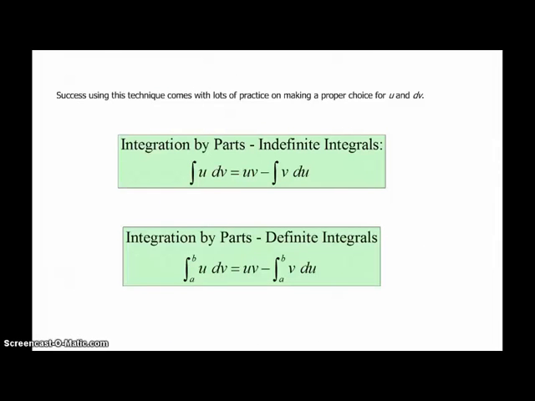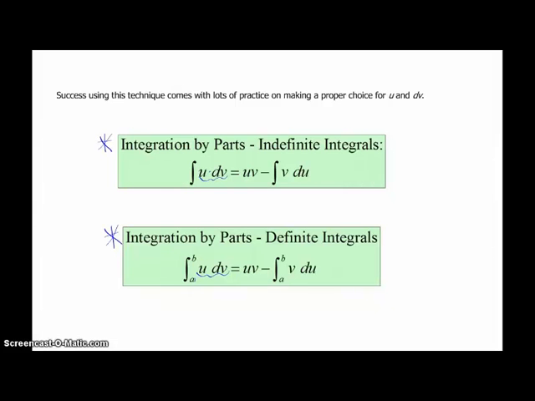So integration by parts, there is the indefinite integral, and the same is true for the definite integral. If we have the product of two functions and it's not a u substitution and it's not something that we can do any kind of algebraic or trig substitution in, then we can attempt to use the technique of integration by parts. That's what this is saying.